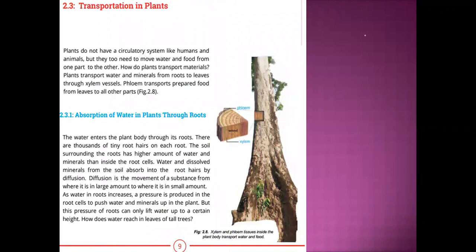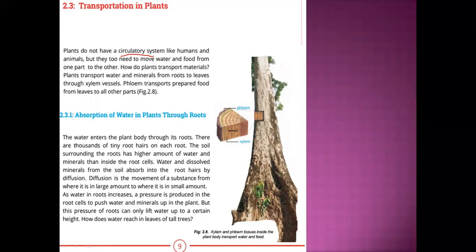Dear students, as you have seen in the previous topic, the transportation system in human beings is the circulatory system. But plants do not have that circulatory system. So what to do?